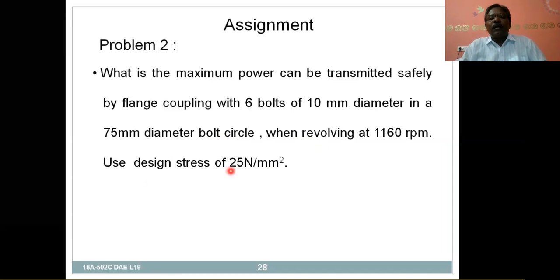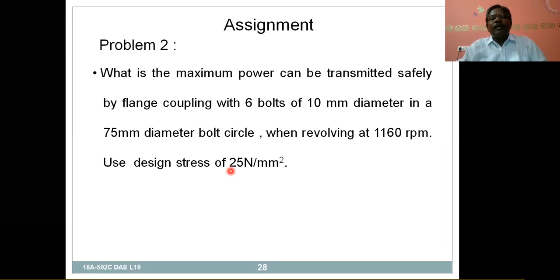That means you have to calculate torque by using the shearing stress of the bolt. So T is equal to pi by 4 d1 square into Fs, the design stress of 25 newtons per mm square, into N, and dP is 75 mm. With this you can calculate torque, and speed is also given.